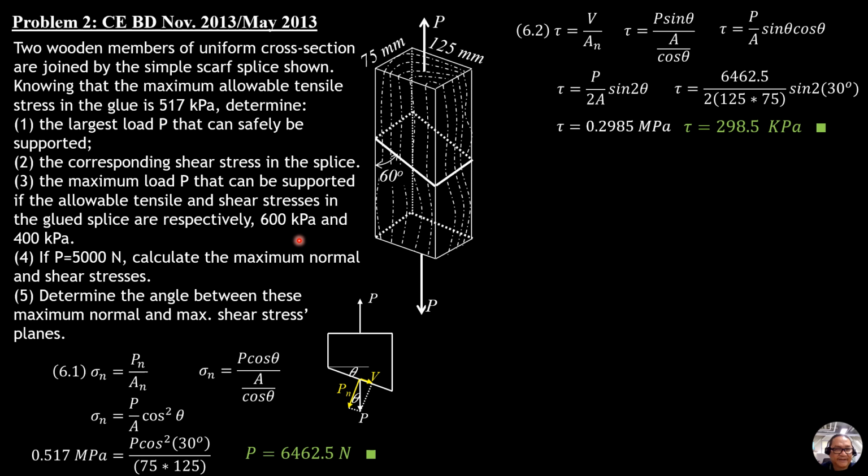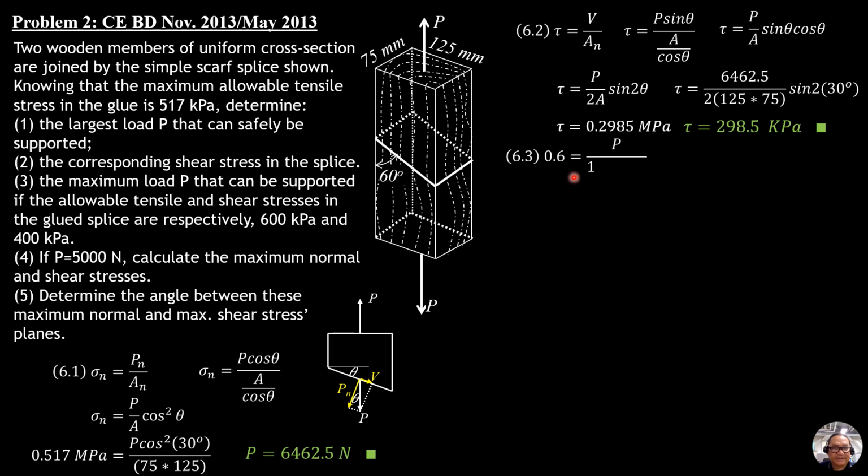Part 3, the maximum load that can be supported if the allowable tensile and shear stresses in the glued splice are respectively 600 and 400 kilopascals. So for normal stress, use that formula to find the maximum load P that can be supported. So let's solve P from the normal strength and P for shear stress, whichever controls.